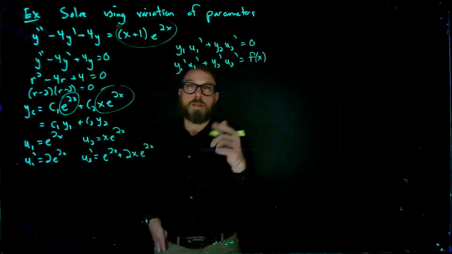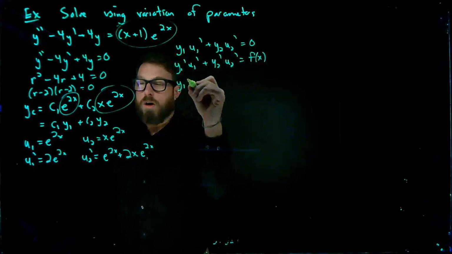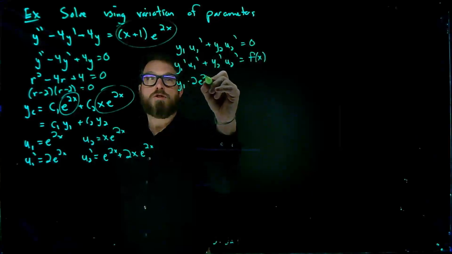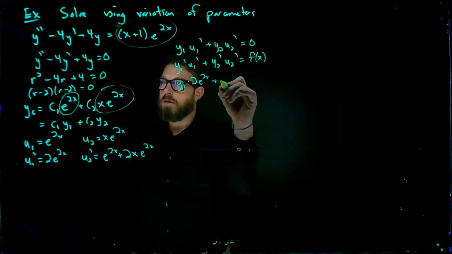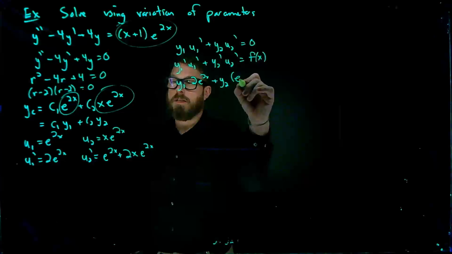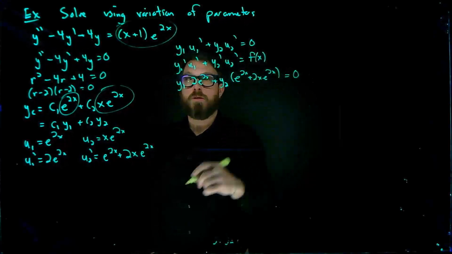So when I set up this equation, we have y1 u1 prime, which is going to be times 2e to the 2x, plus y2 u2 prime, which is e to the 2x plus 2x e to the 2x, and that'll be equal to 0.